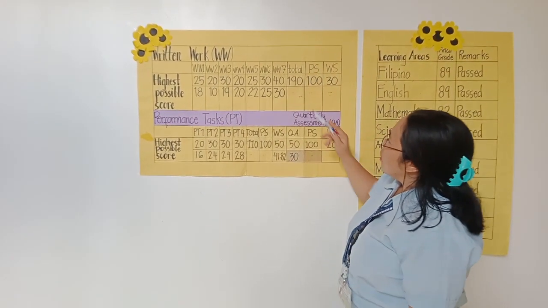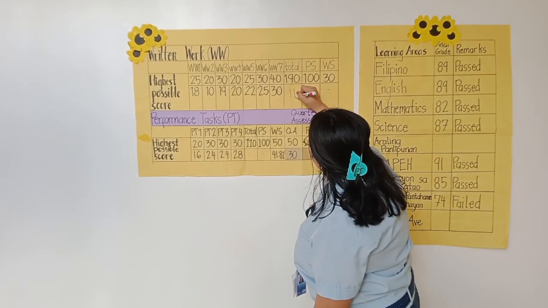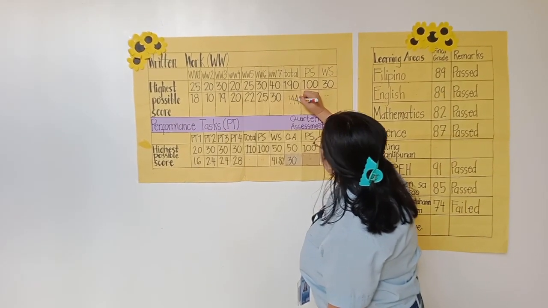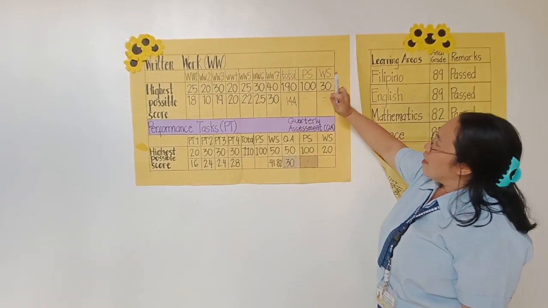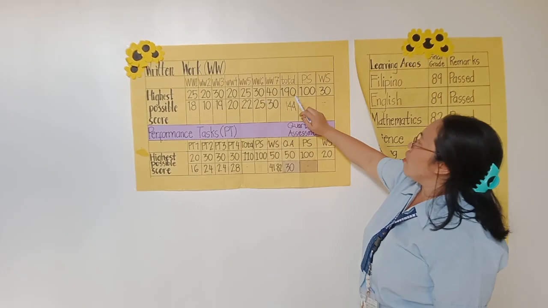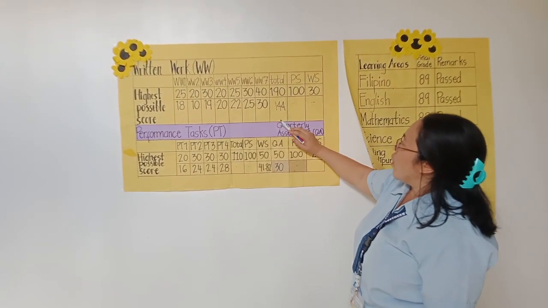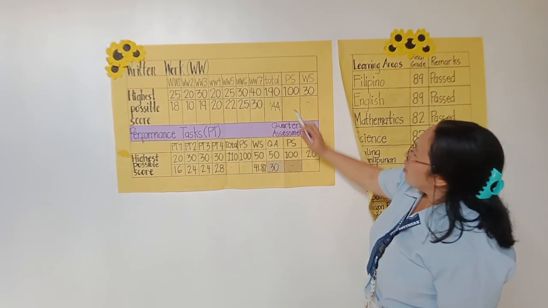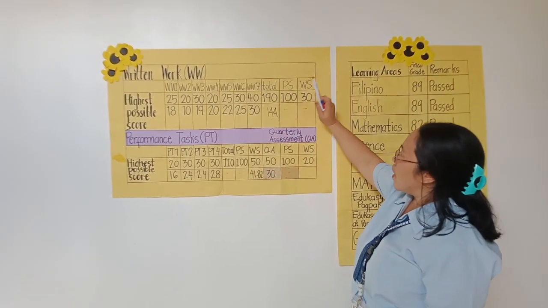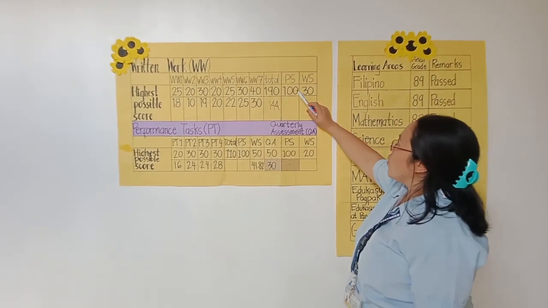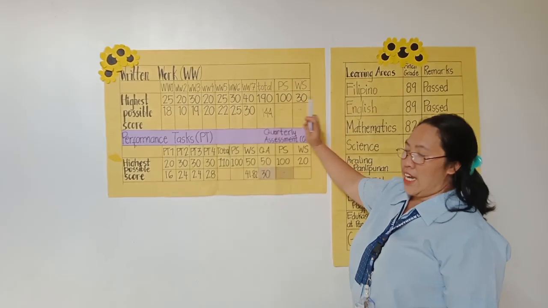So the total raw score of Miss Maris is 144. So 144 divided by the total highest possible score, which is 190, is equal to 0.76. So 0.76 times the percentage score, which is 100, is equal to 75.79.